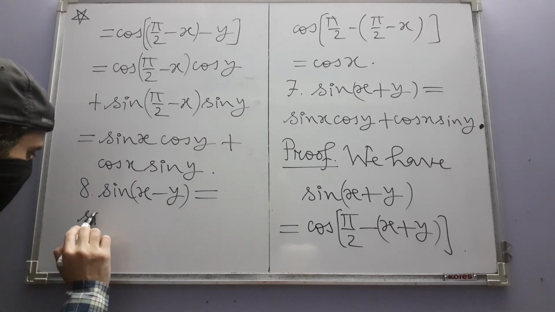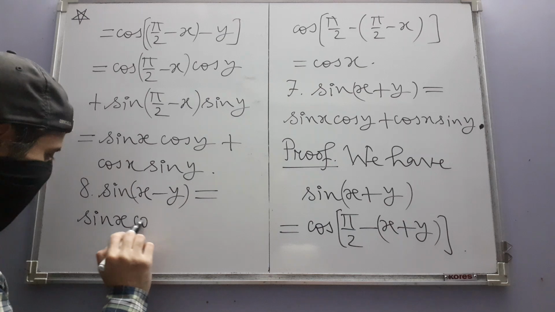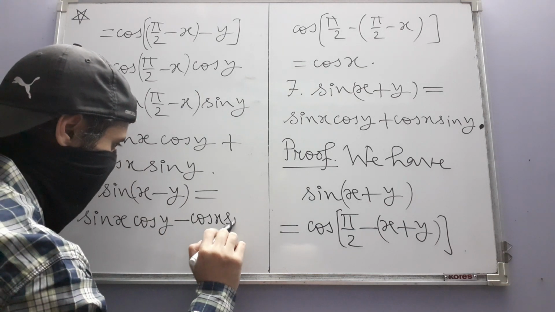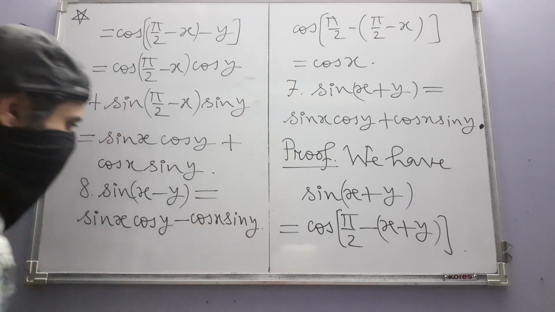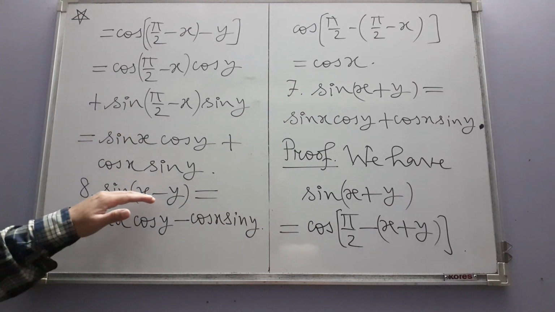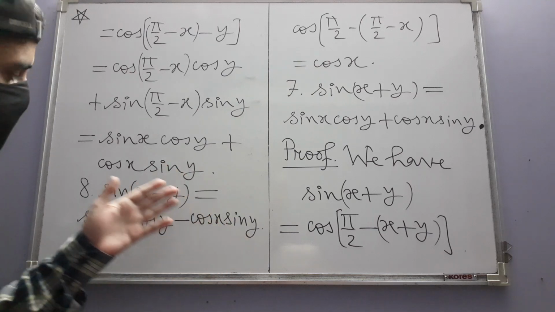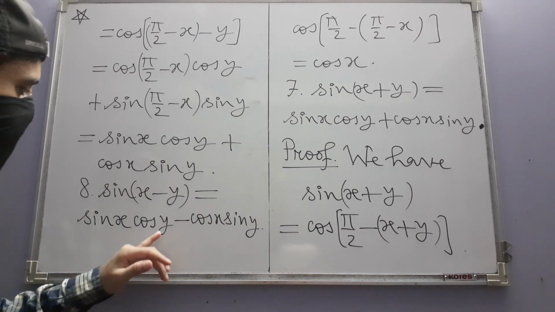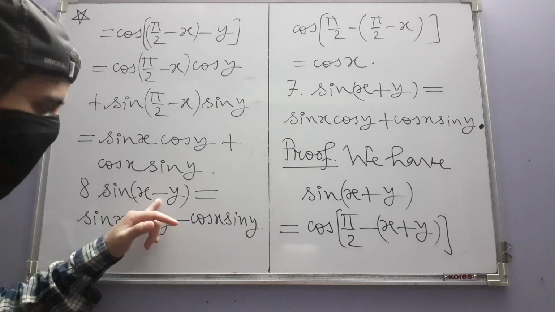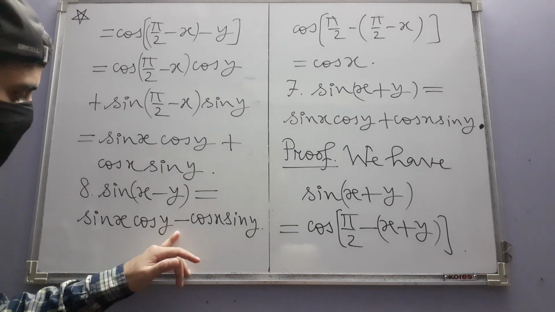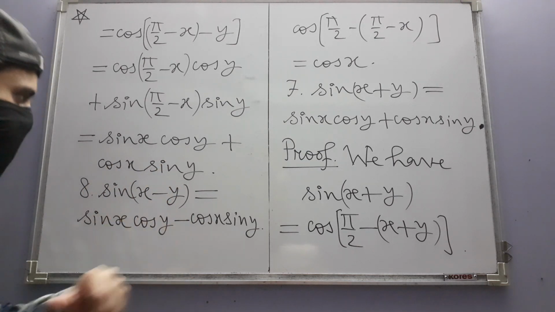And this one will be sin x cos y minus cos x sin y. So the formula for the sine of a difference: you have minus here, you have minus here. No altering sign. The rest is same.